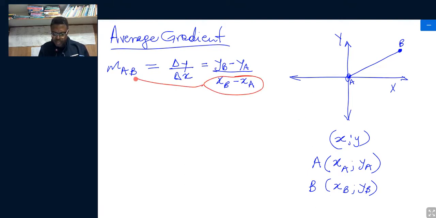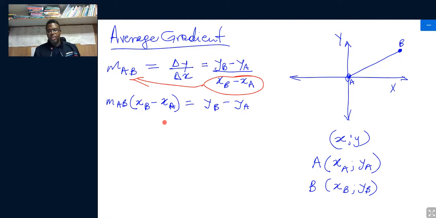You multiply, and you get m_AB times (xb minus xa) is equal to yb minus ya. Then it depends which variable you want to make subject of the equation. And here you can see I'm using a distributive property.